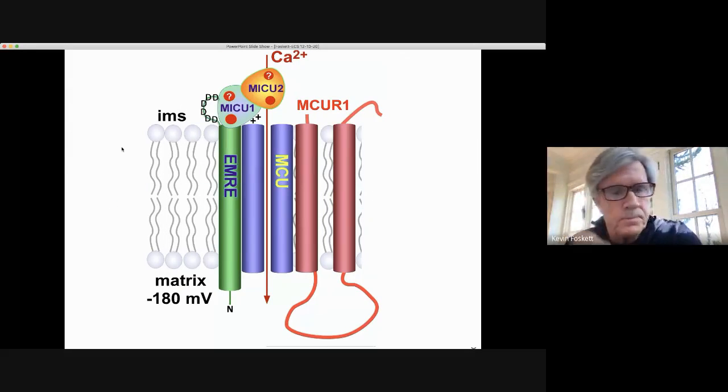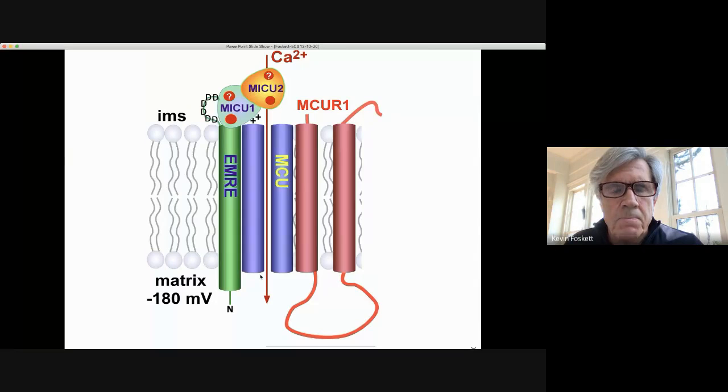I'll show some more recent structural information about the channel. So MCU is the pore-forming subunit. It's a tetramer with the ion conducting pore down the middle of that tetramer.